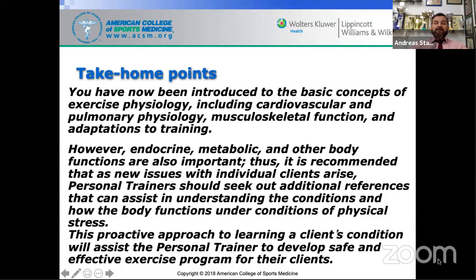Thus, it is recommended that as new issues with individual clients arise, personal trainers should seek out additional references that can assist in understanding the conditions and how the body functions under conditions of physical stress. This proactive approach to learning a client's condition will assist the PT to develop safe and effective exercise programs for their clients.